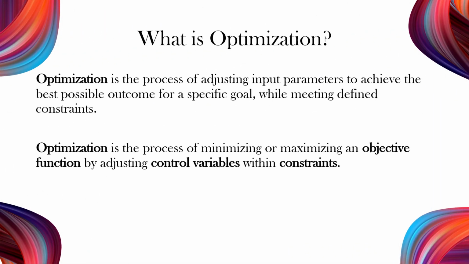In the context of engineering, mathematics, and simulation, optimization is the process of systematically adjusting input parameters to achieve the best possible outcome according to a specific goal, while satisfying certain limitations. In more scientific terms, optimization is the process of maximizing or minimizing a particular quantity, called the objective function, by changing certain parameters called control variables within defined constraints.